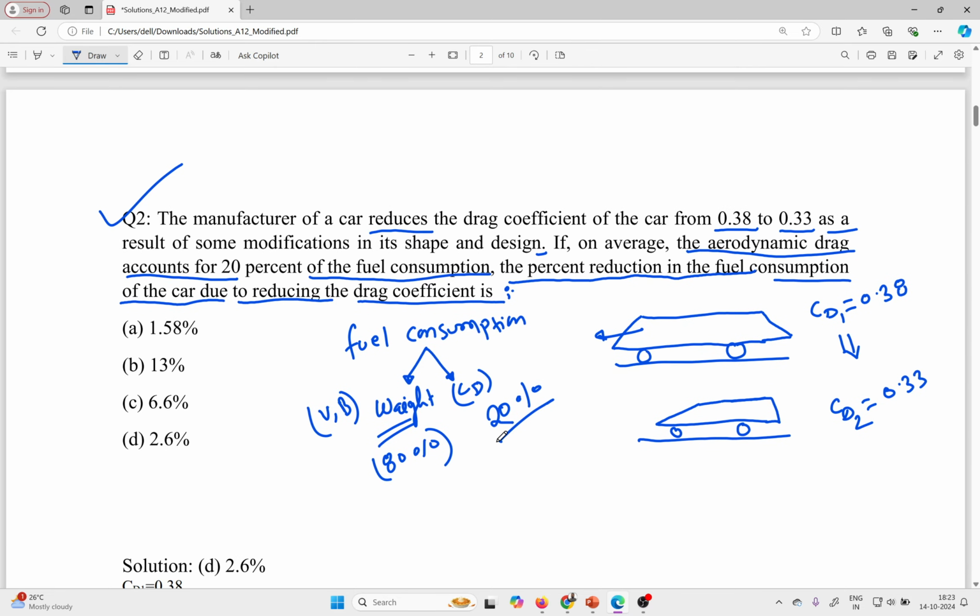So here just try to understand. For 0.38, let us suppose 100 liter of your oil, that is fuel.